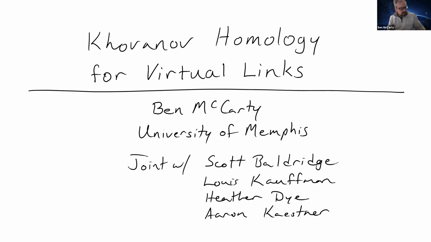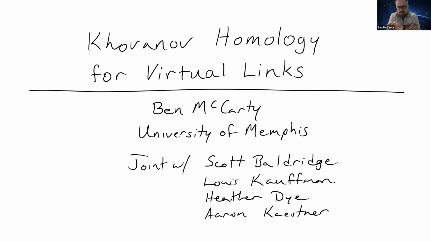So if you go back to the late 90s, Khovanov defined Khovanov homology as a way of categorifying the Jones polynomial. That paper came out, I think, in 1999, if I remember correctly.